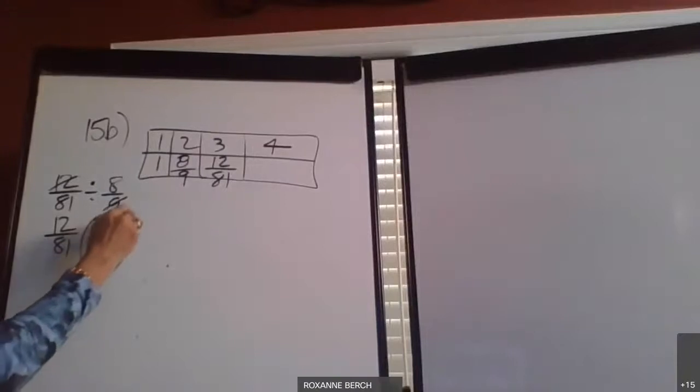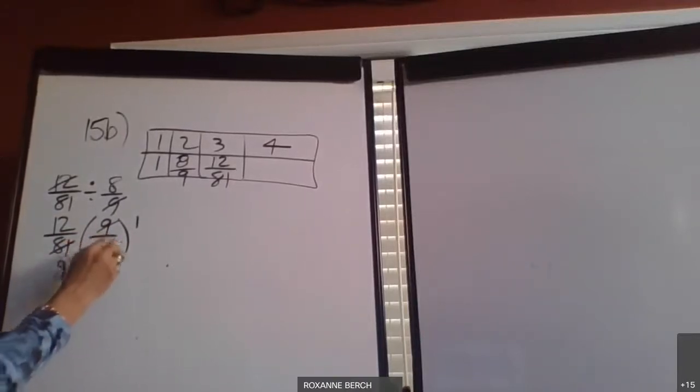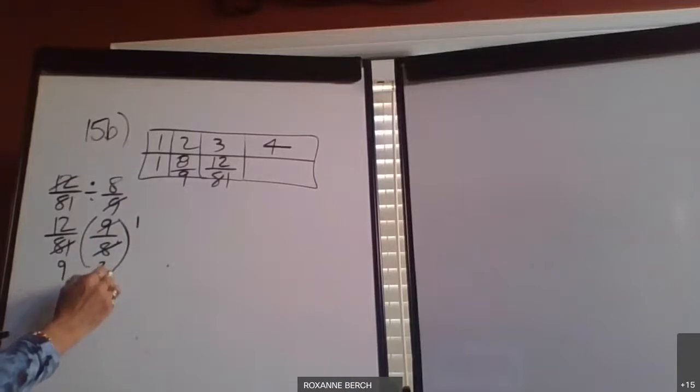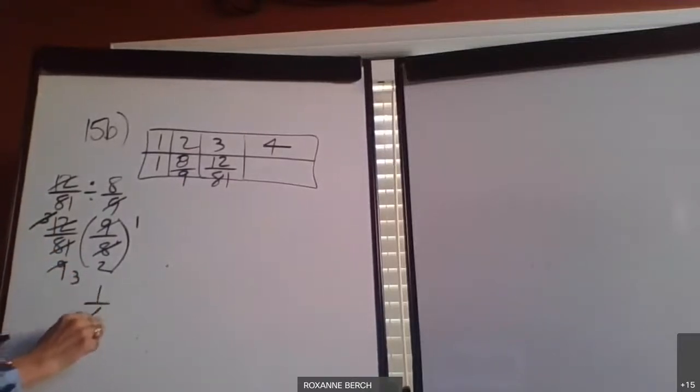So 9 goes into itself once, and then 81 9 times. 4 goes into itself, 4 goes into 12 three times, and you can cancel the 3 and the 9, and you get 1/6. So the question is, is our common ratio 1/6 or 8/9?